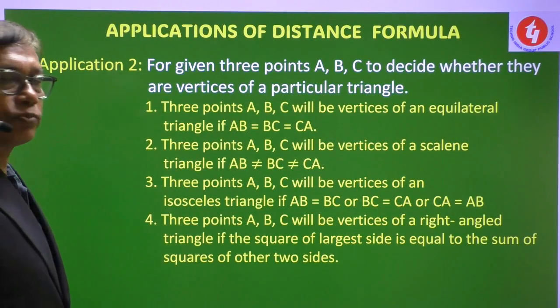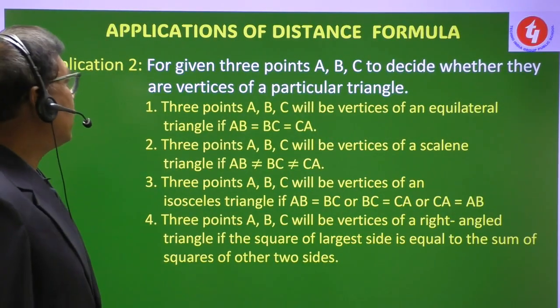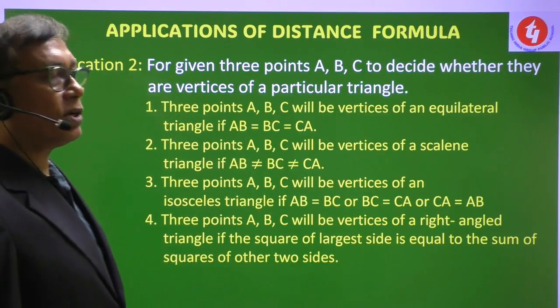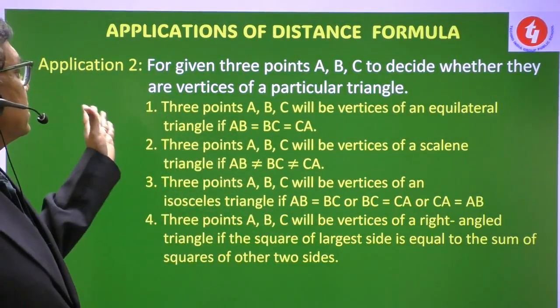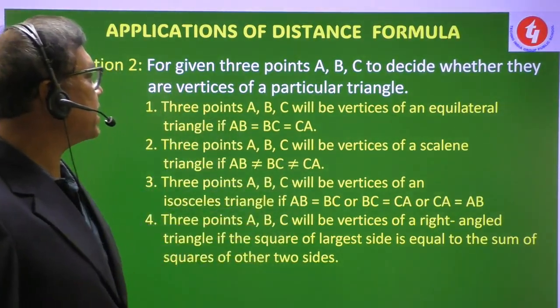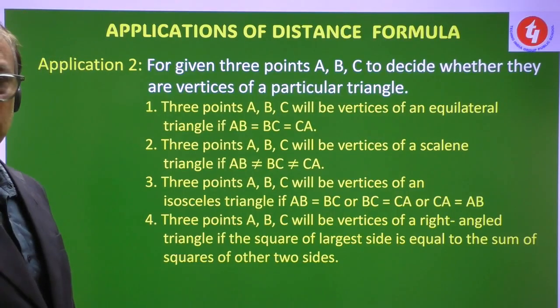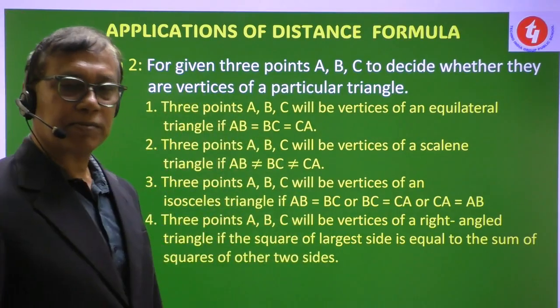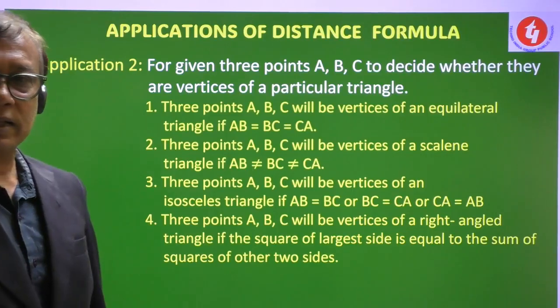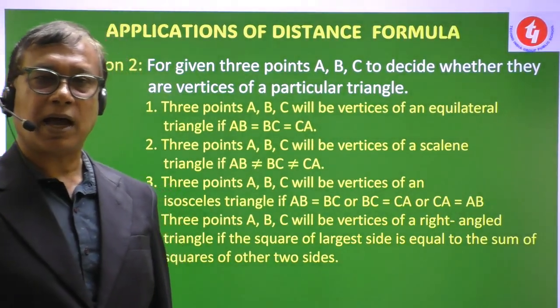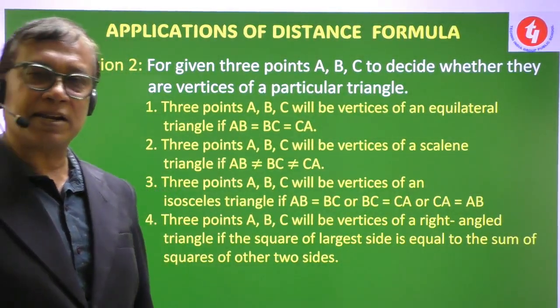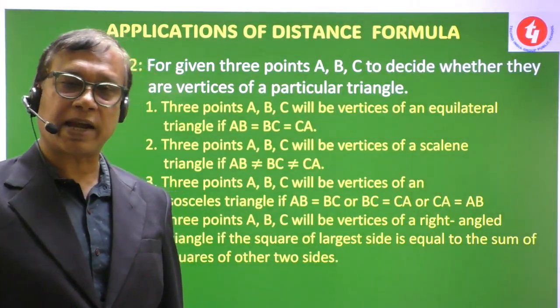Application 2. For given 3 points ABC, to decide whether they are vertices of a particular triangle. We know we have various types of triangle: equilateral triangle, scalene triangle, isosceles triangle, right angle triangle, isosceles right angle triangle.